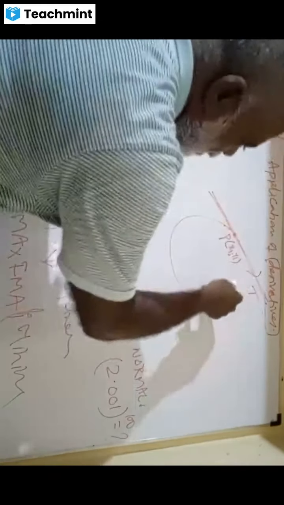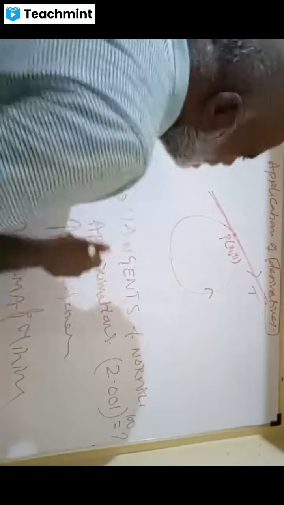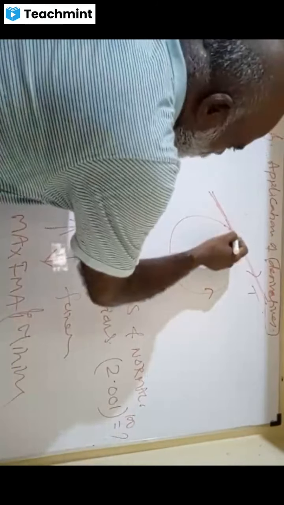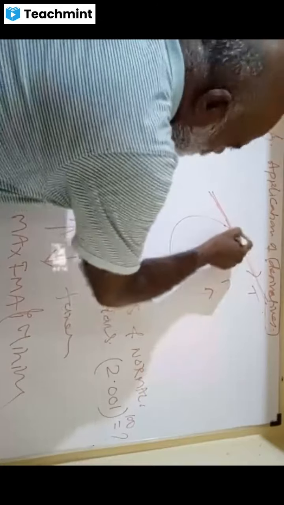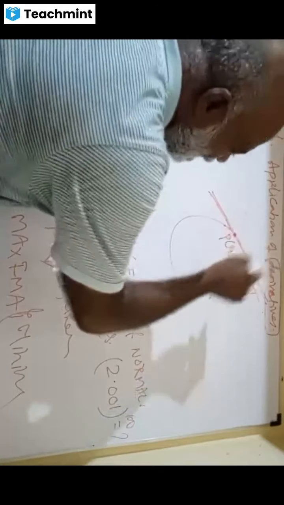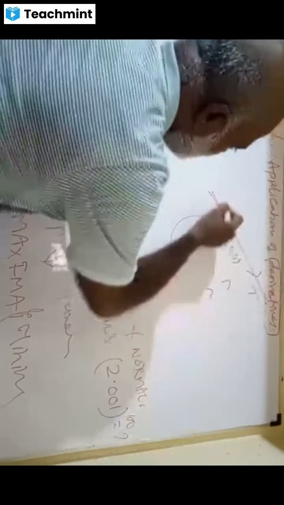So when an object is moving in a circle, the stone is here. At this point, what is the direction of the stone?